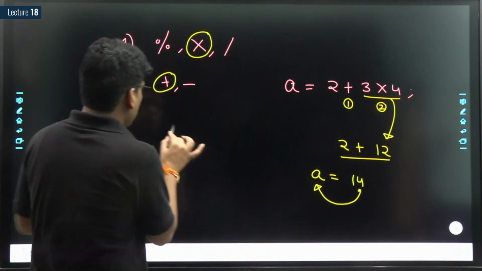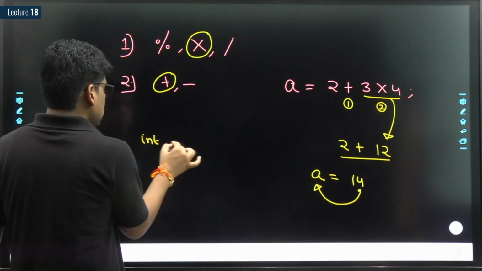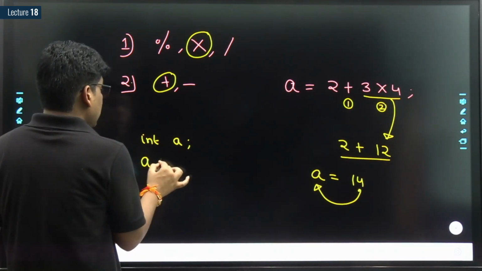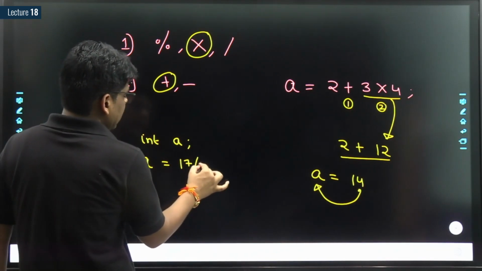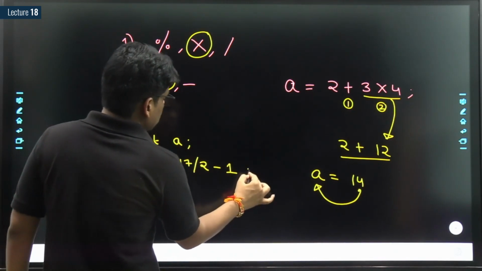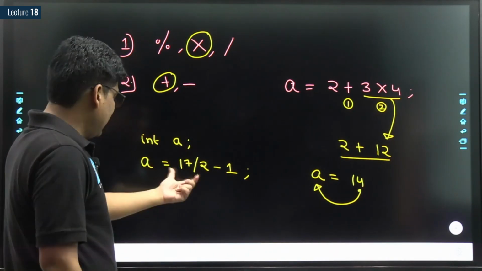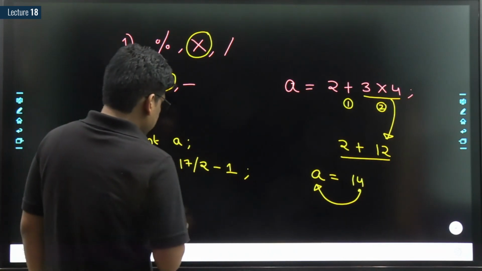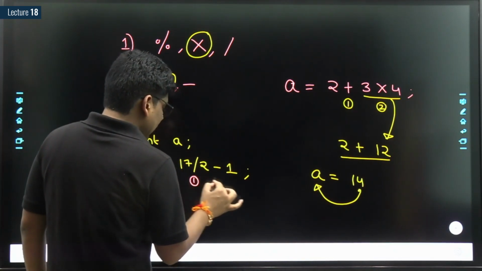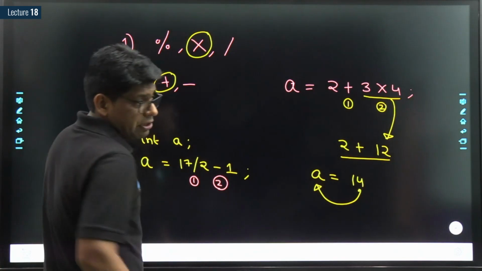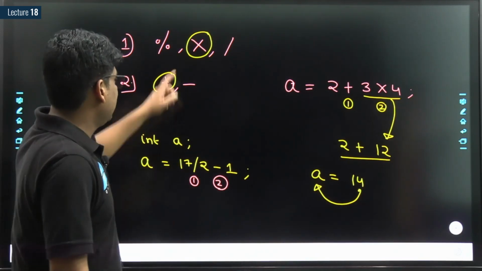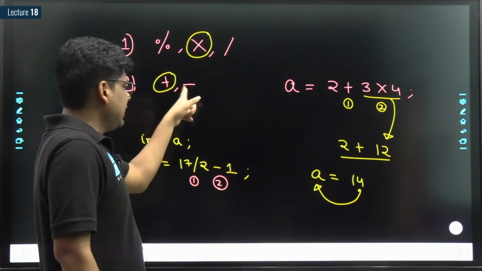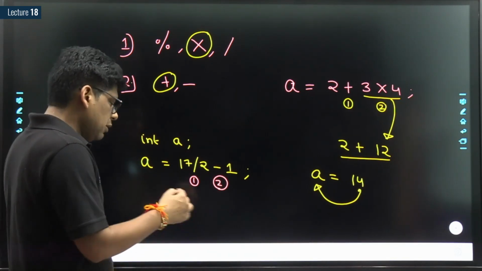Sir, on a similar note, what if I ask you, A is equal to 17 divided by 2 minus 1. Sir, what is the value that goes inside A? See, we have 2 operators, sir, divide and minus. Sir, which one has a higher priority? Sir, divide is of high priority as compared to minus. That means what will be performed first?